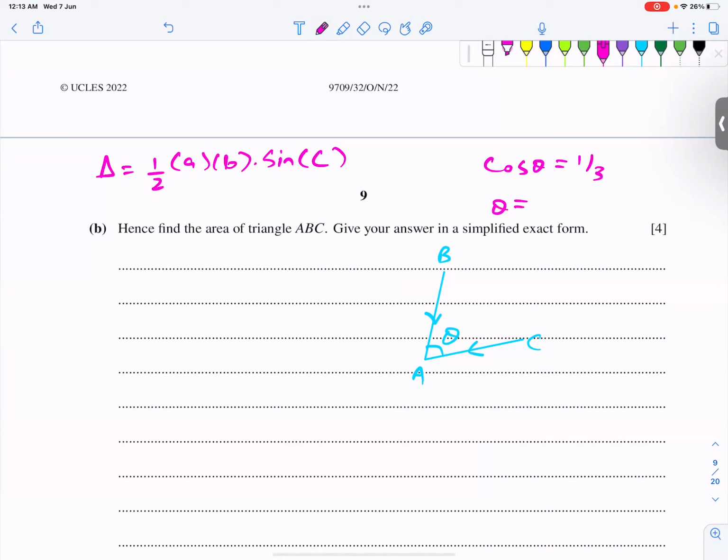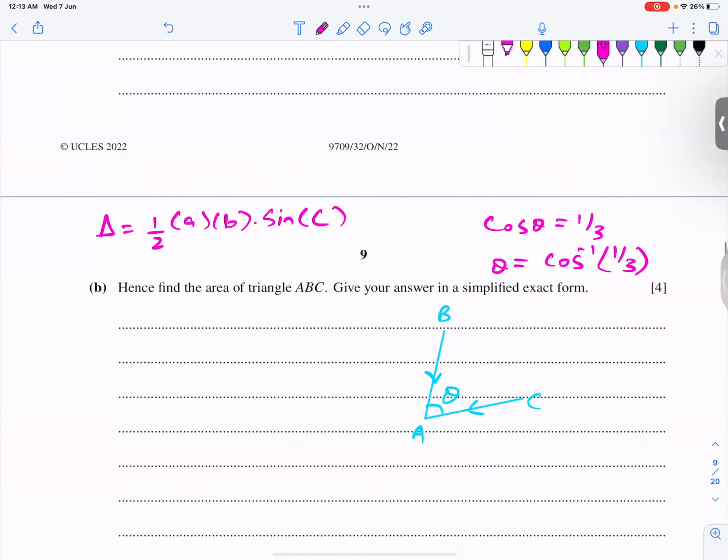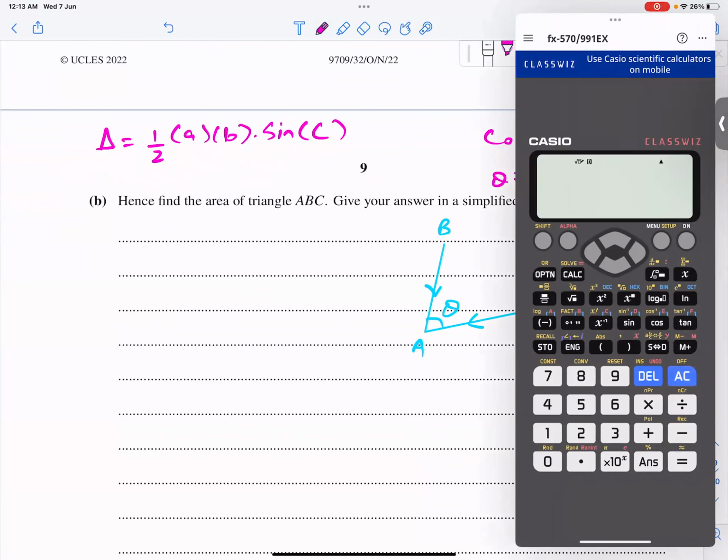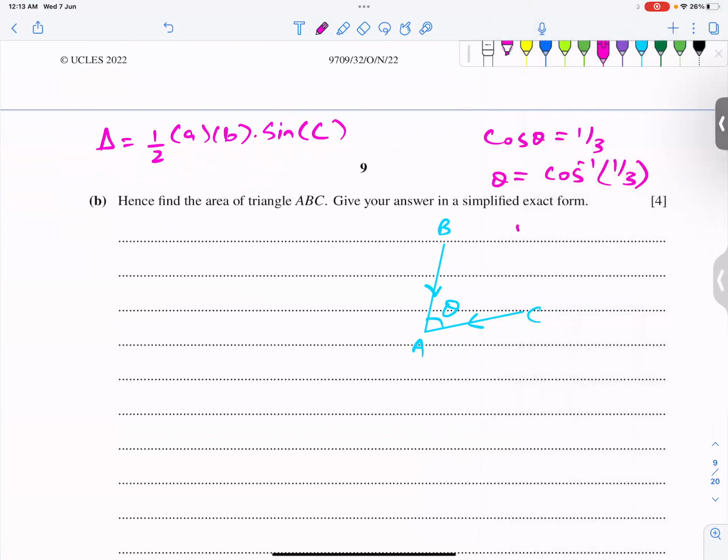So it means theta can be cos inverse of 1 over 3. So shift cos inverse 1 over 3. This will be 70.5288 degrees. Okay.